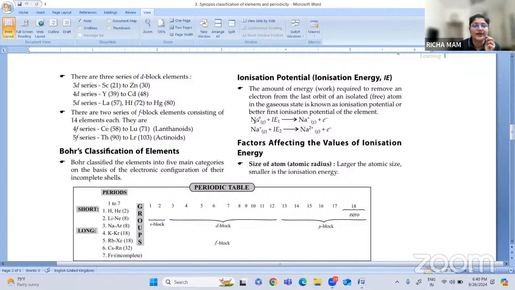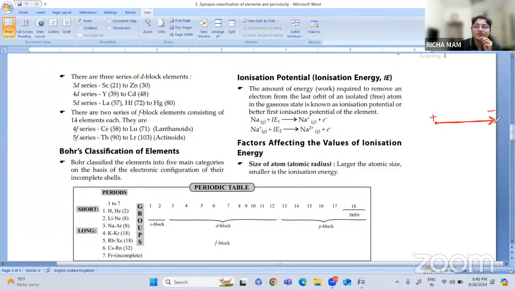What is atomic radius? It is half the distance between the nucleus and the outermost electron. So the larger the atomic radius, the smaller will be the ionization energy required.